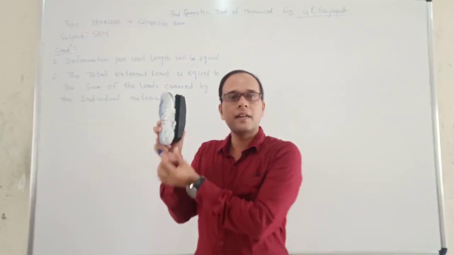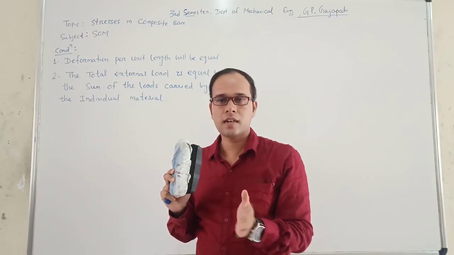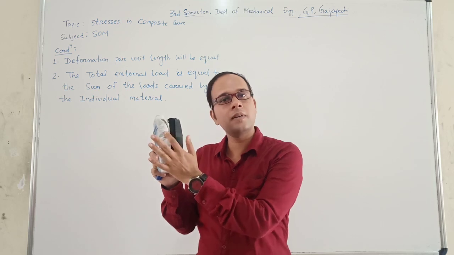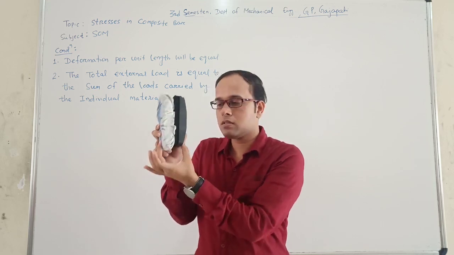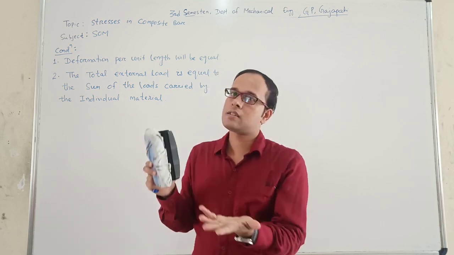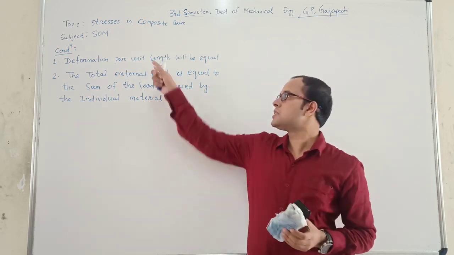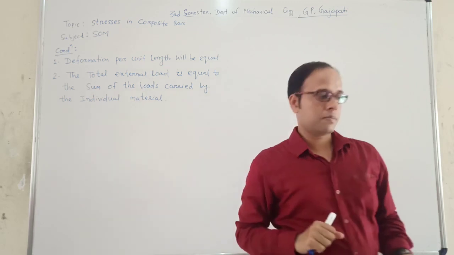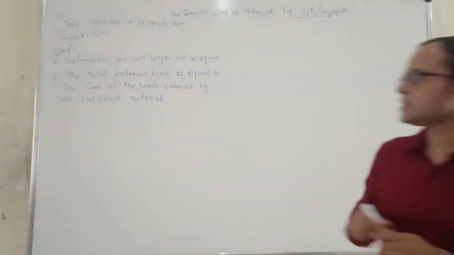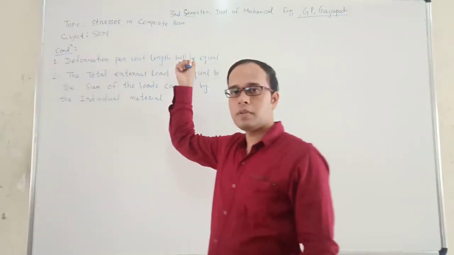Otherwise we can't call it a composite material. If it elongates different amounts, it is not a composite material. If the load shared by the individual materials is not equal to the applied load, then it is not a composite material. So for a composite material, these two conditions should be satisfied. What is the first condition? Deformation per unit length will be equal.